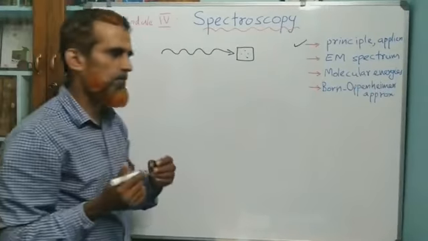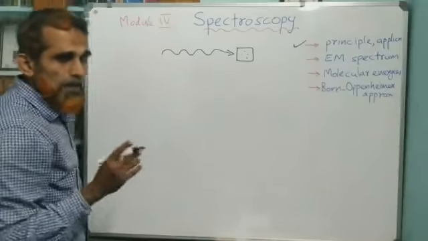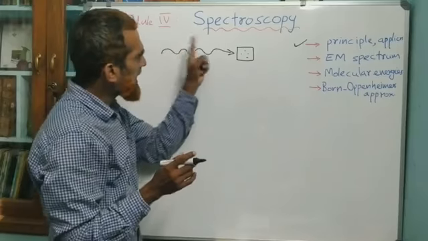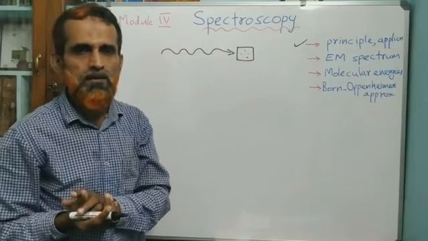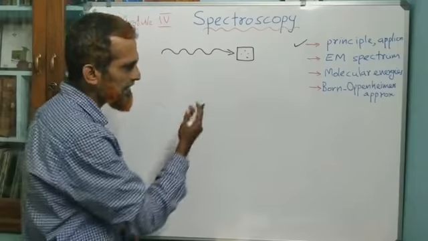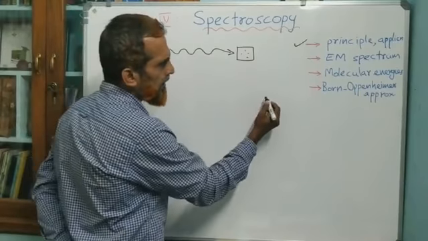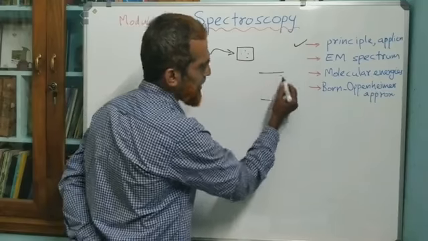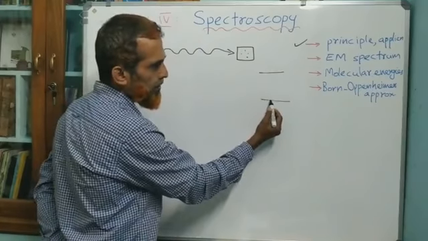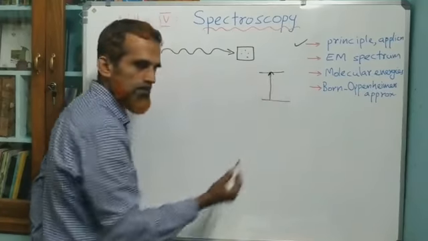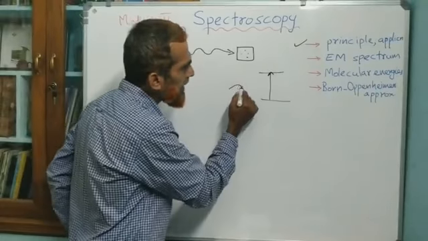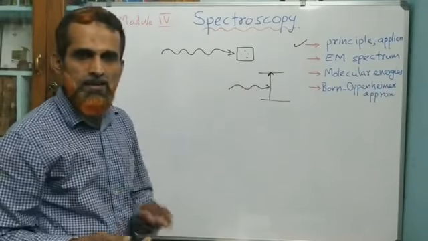What are the properties of radiation? During spectroscopy, when electromagnetic radiation interacts with a molecule, as I told you, there occurs a transition of the molecule. The molecule moves from lower energy to higher energy by absorbing a certain wavelength of radiation.